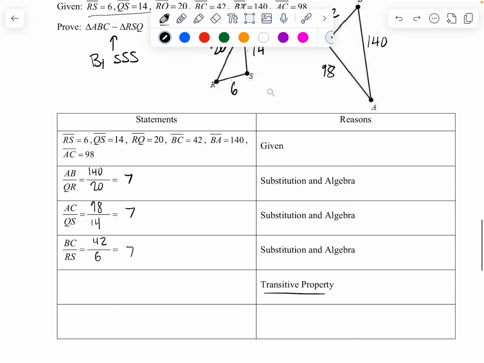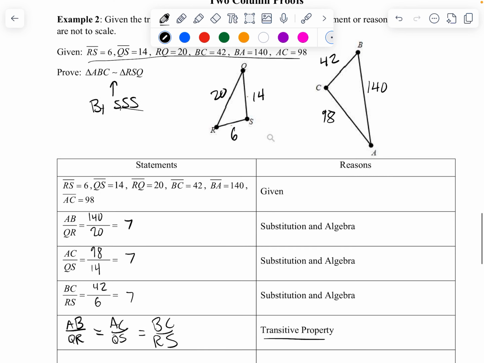So all we need to say in this next one is that our three proportions, AB over QR, is equal to our next proportion, AC over QS, which is equal to our next proportion, BC over RS. And we know those are all equal because they all equal the same thing, aka the transitive. Now remember, our goal was side, side, side.